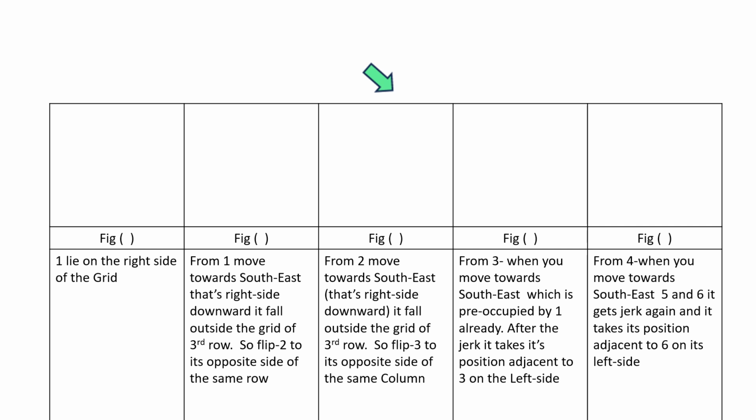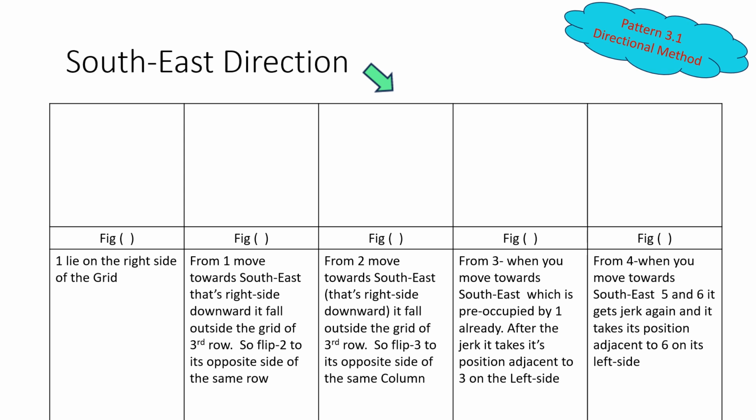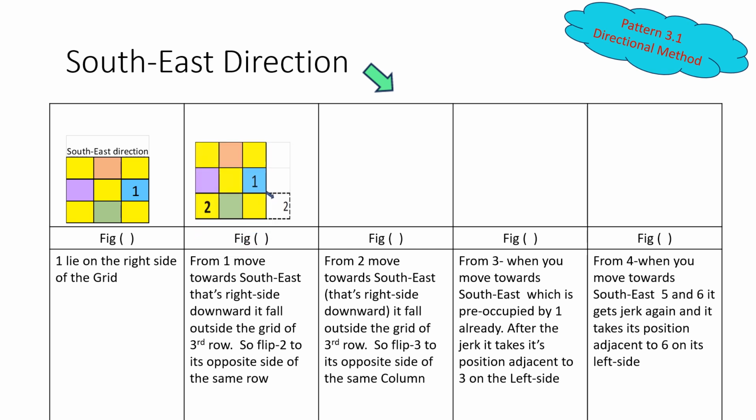Yes, here it comes, the very first pattern, southeast direction. Our starting point 1 lies on the east direction. Let's travel through southeast. The number 2 falls outside the grid, so flip 2 to its opposite side inside the grid on the same row.